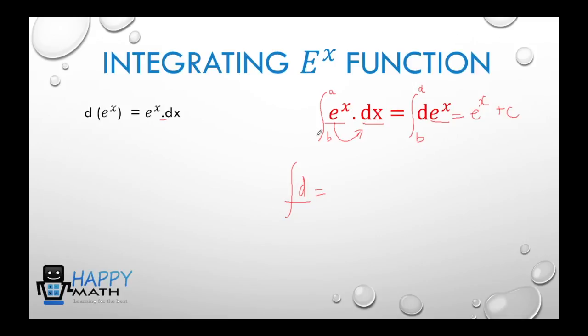The most important thing in this formula is that the number in this position has to be equal to the number in this position. For example, when I have e power to 2x times d of 2x, the expression in the power has to be equal to the expression in d.